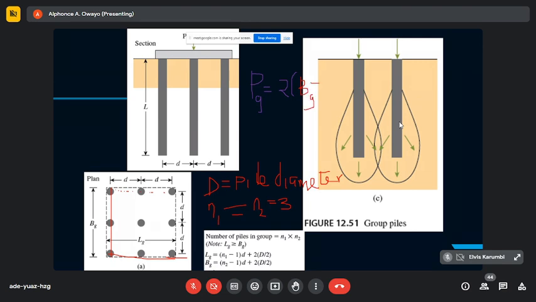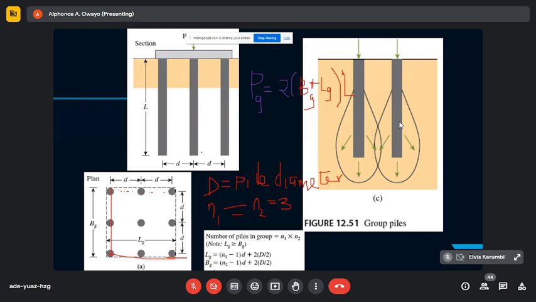Is that all? That is the perimeter in 2D, but the pile is not a 2D thing, this is 3D, so times L. So the same idea.